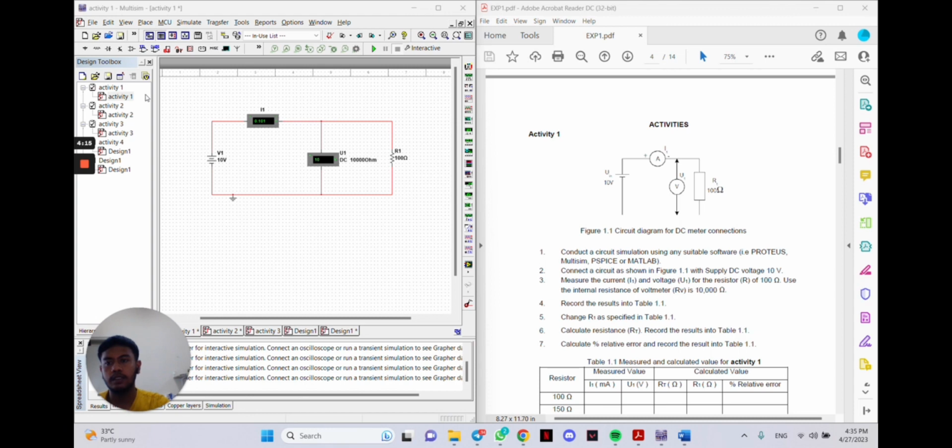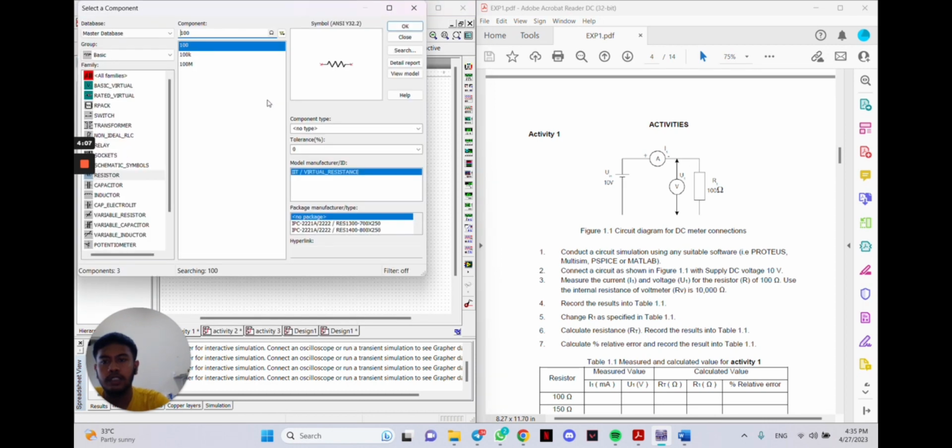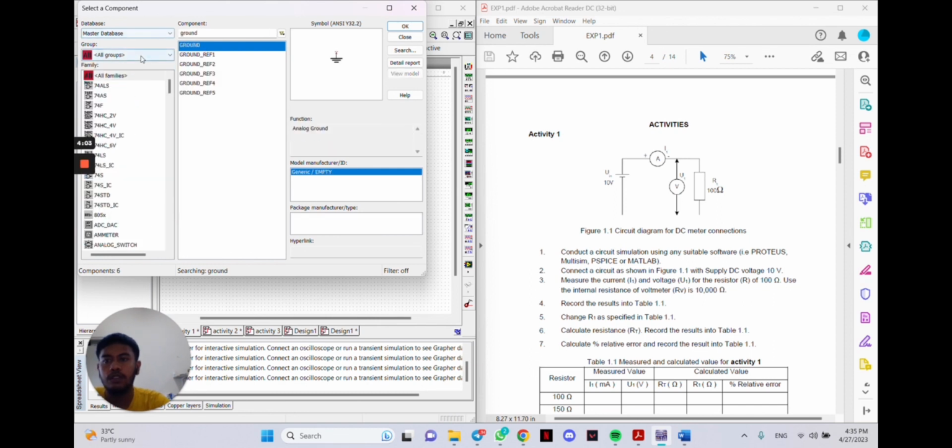So go to Multisim. To find a component, right click and choose place component and just search for whatever component we want to use. For example, ammeter.